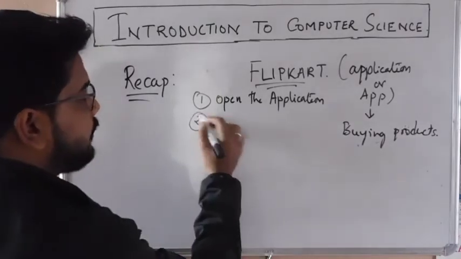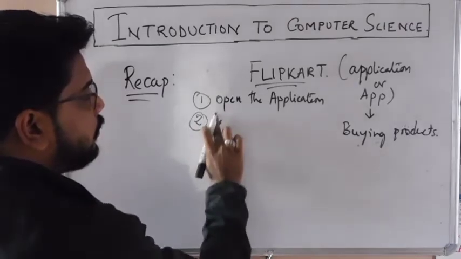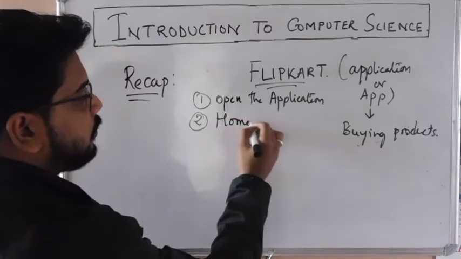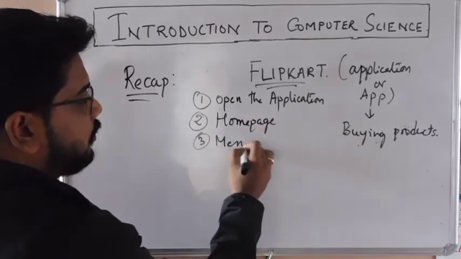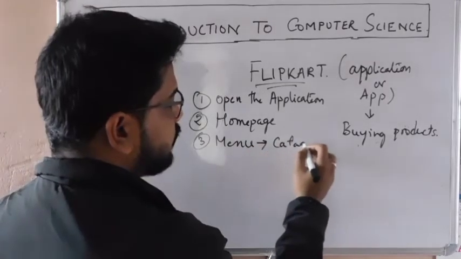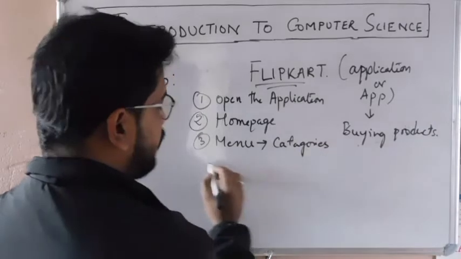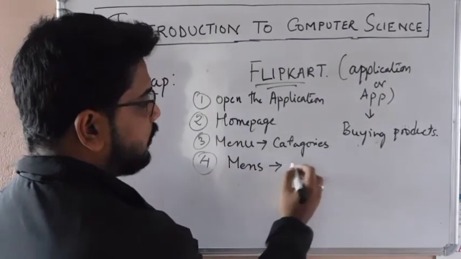What is the second step? You go to your home page. Then number 3, you go to the menu. Then in the menu, you will go to categories. Number 4, you will select the men's category. Then you will go to clothing.